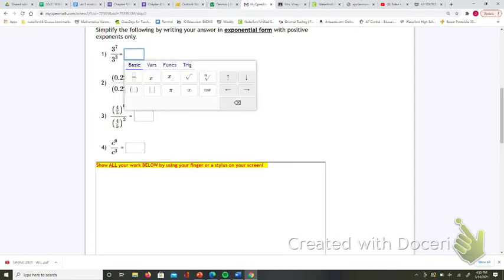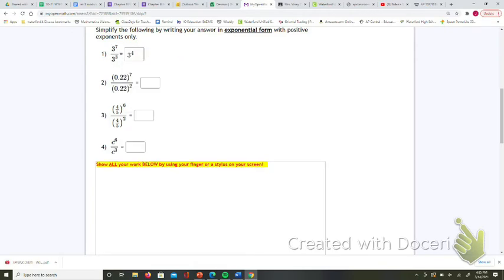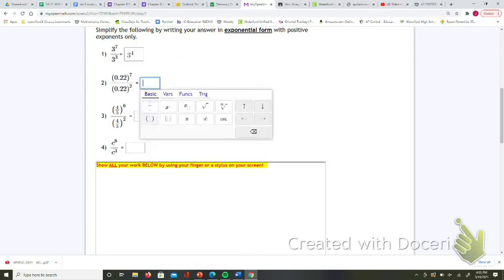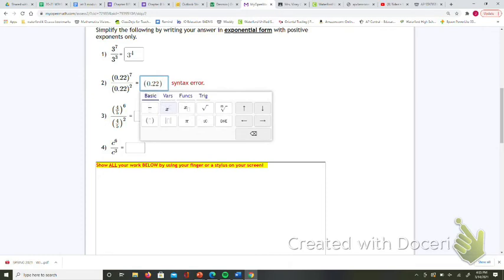So for number 1, our base is 3. And then we hit the exponent button, and it's 4. Number 2, we have 0.22, and then we put our cursor outside the parenthesis, and we hit our exponent button, and it's 5.